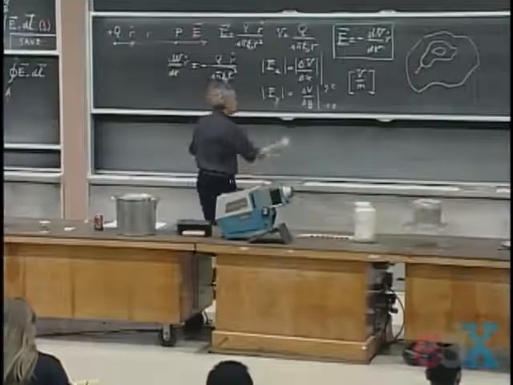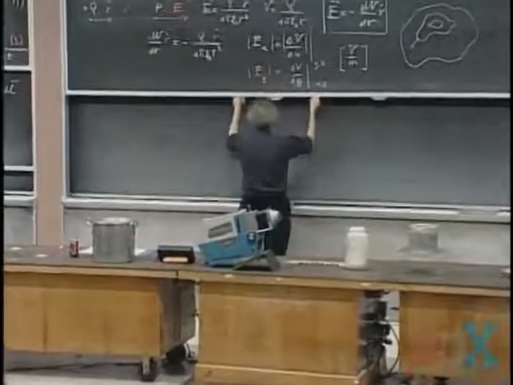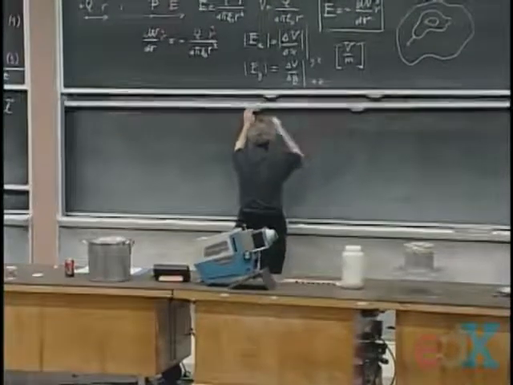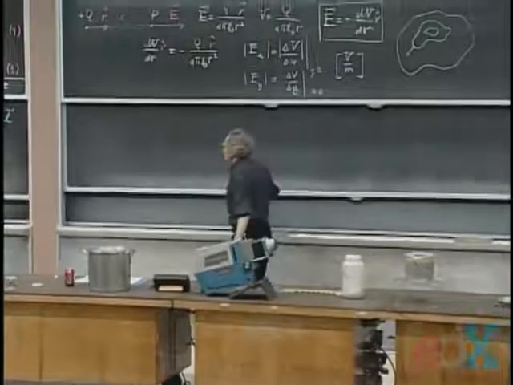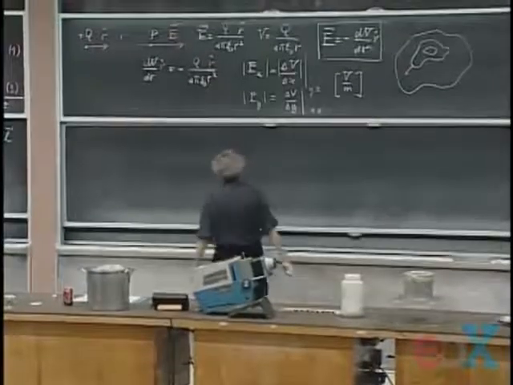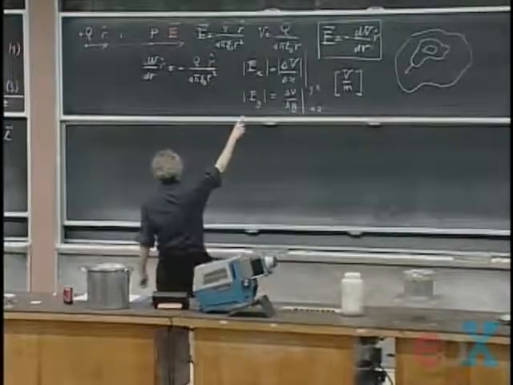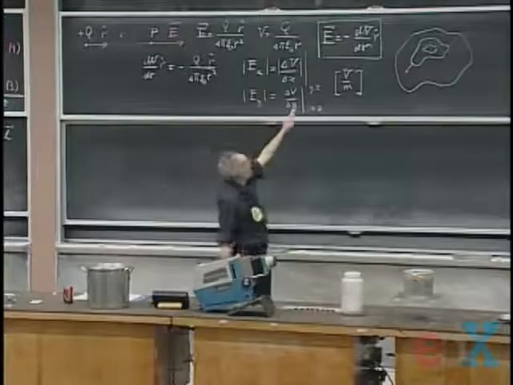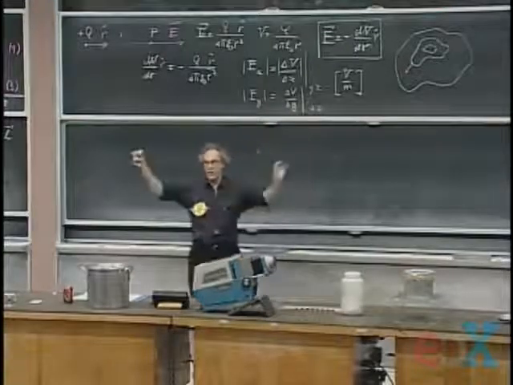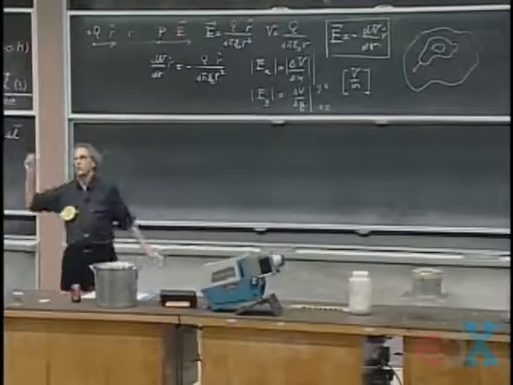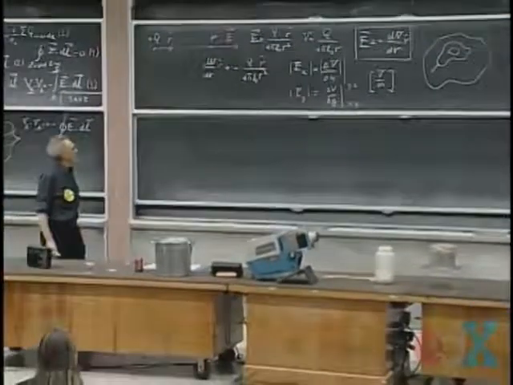So now I can write down the connection between electric field and potential in Cartesian coordinates, which looks much more scary than the nice way that I could write it down up there when I had only a function of distance r.